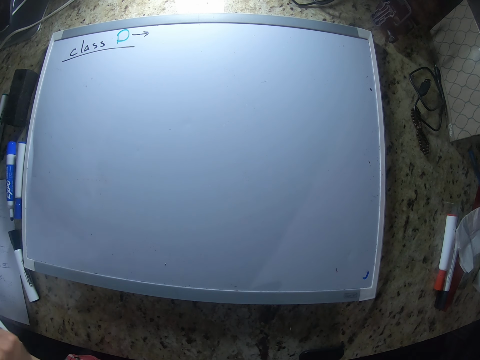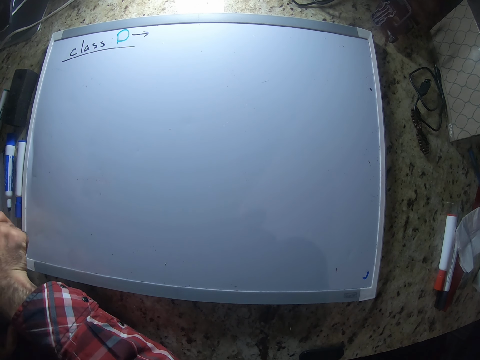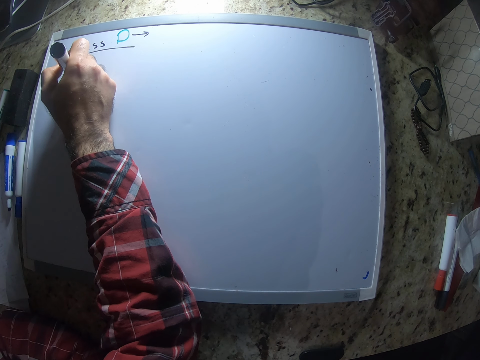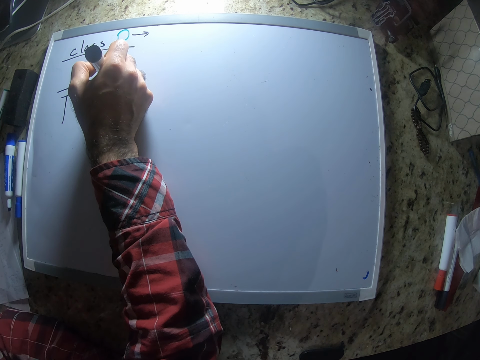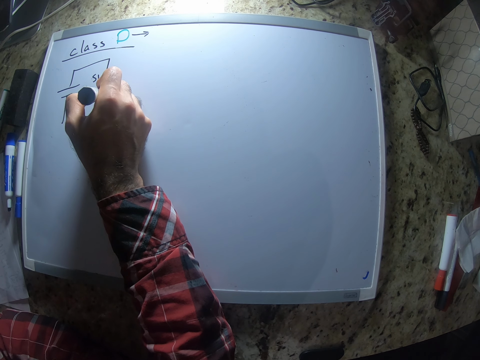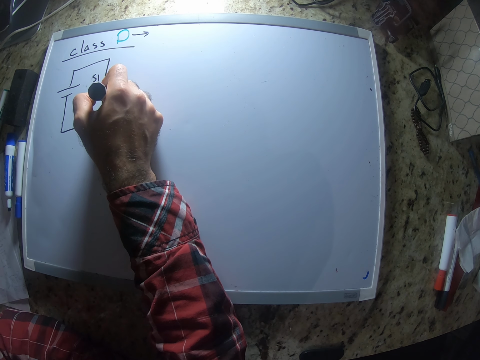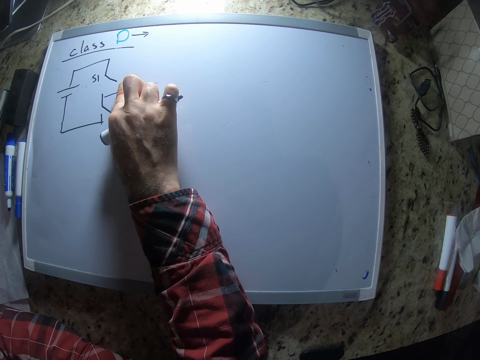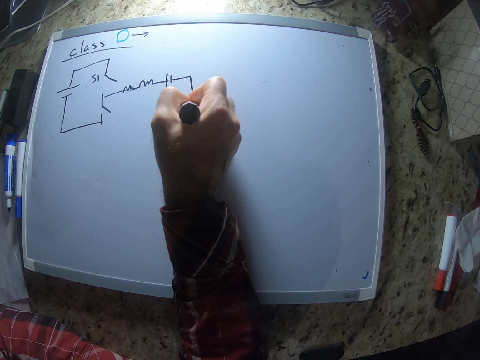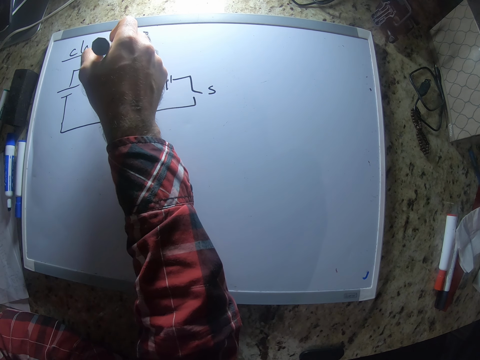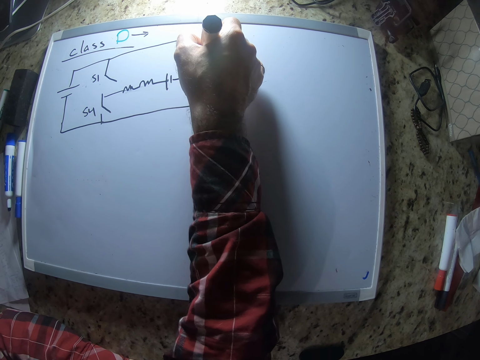So class E chopper is actually a 4-quadrant chopper, so it can operate in all the 4 quadrants that we have. Let's call this one switch 1, this one I'm just going to call switch 2, this one switch 4, and this one switch 3.